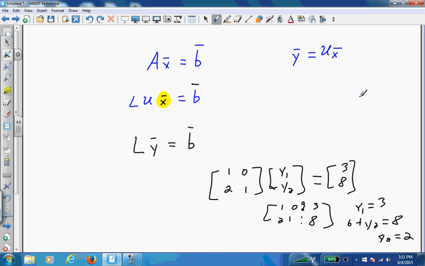So now that we know what y is, U, whatever our upper is, times x has to be the same as y. Y we came out with being 3, 2.